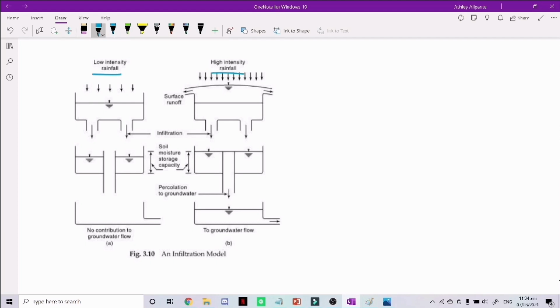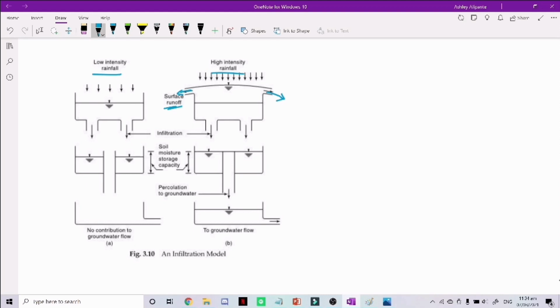Now, dito sa low-intensity rainfall, we can see that as water is poured into the container, andun lang siya sa container since konti lang na amount ng water ang nalalagay sa container. Compare dito sa high-intensity rainfall, may water na nandito sa container pero since maraming tubig ang pumapasok, merong surface runoff na nagaganap.